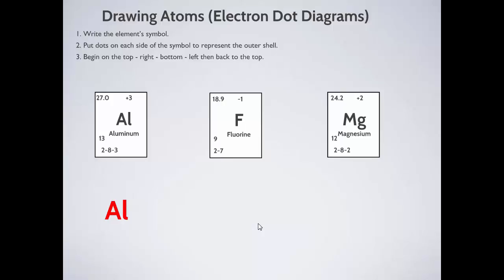So for the Electron Dot Diagram, we start by just writing the symbol of the element. And then we only look at the outermost electrons, the valence electrons. In this case, how many valence electrons does aluminum have? 3. Okay? So we put a dot on the top, and we work clockwise. And we put our 3 electrons. Fluorine.